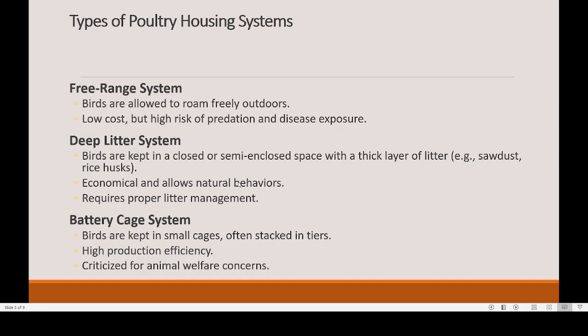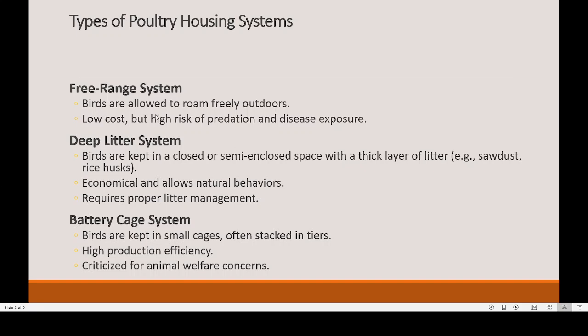The advantage is that we are not limiting the chicken to a smaller space. So the chicken can simply move around. This will normally be a larger, very large area. But the other problem is that litter management is important. Waste management is important.